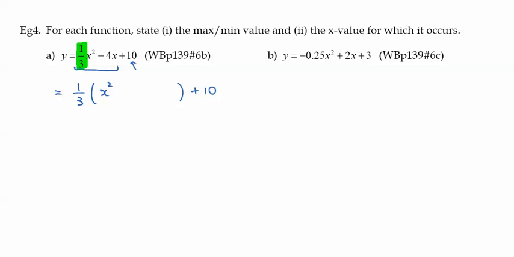Now, once I take out 1/3 from the first part, I get x squared. That's pretty straightforward. But the problem is, as I take away 1/3 from the 4, what do I end up with? This is not an easy question to answer, but if you ask yourself, what would you multiply to get your number back to a 4?